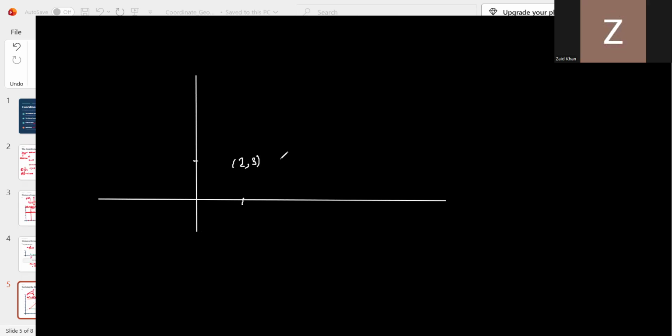One coordinate is 2 comma 3 and the next coordinate is 5 comma 6. We need to find the distance between these 2 points. I am just guessing that 5 comma 6 will lie here, not the exact position. We need to find the distance between the 2 points.